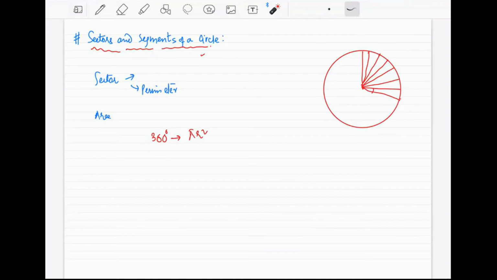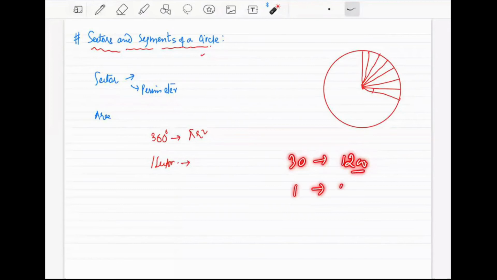So for all those 360 sectors, the total area is pi r square. And if I want only one sector, how much will be the area? We use the unitary method. Consider, let's say the cost of 30 pens is rupees 1200.